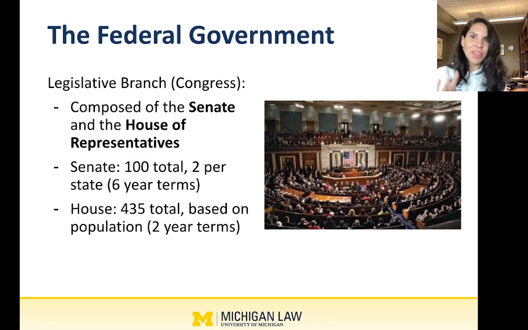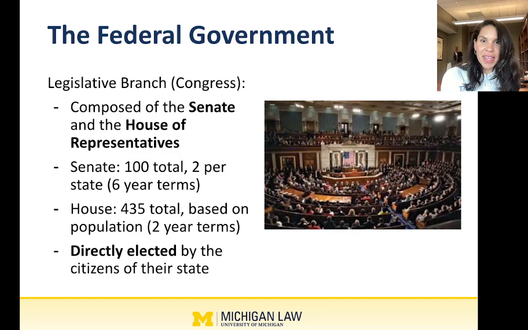So in the Senate, with 2 per state, a giant state like Texas, senators kind of have to appeal to everybody. Whereas if you are a representative in a small county, you really only need to think about the people in your county who are voting for you. And so you tend to see more stability, less partisanship in the Senate, but it's the opposite in the House. Definitely 2 very different sides of Congress.